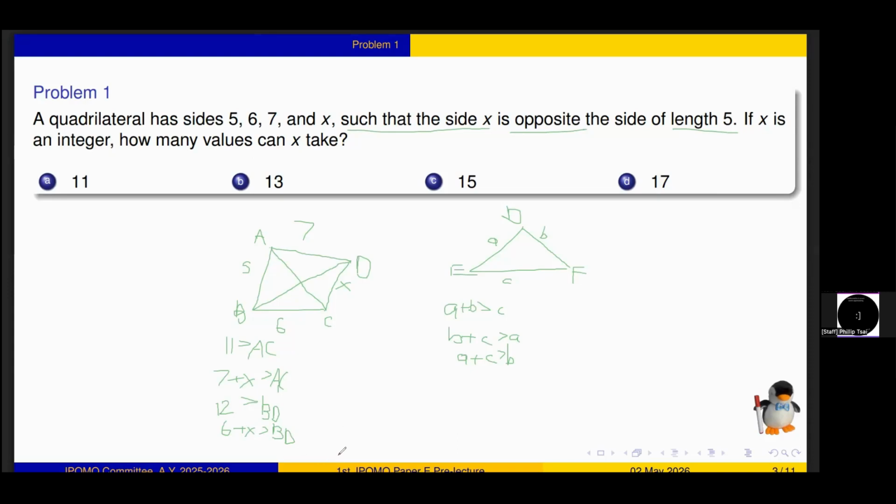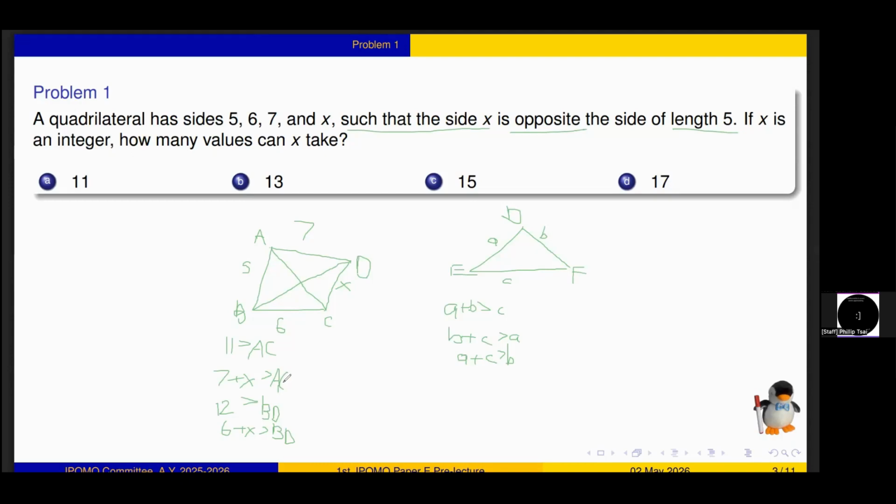Well, elimination could work, but I don't think it really does work because there's inequalities all around, so it makes things a bit messy.